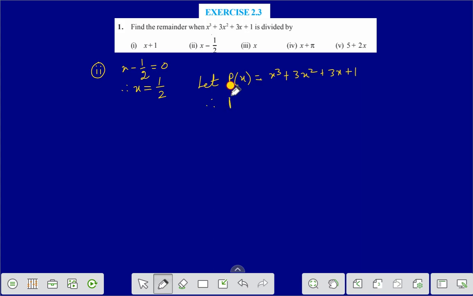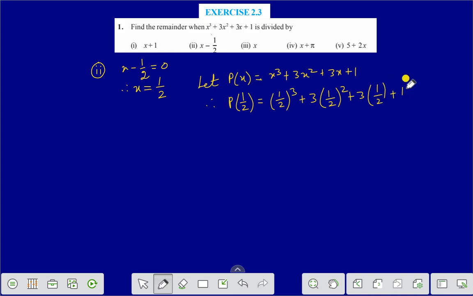Therefore p(1 by 2) is equal to 1 by 2 whole cube plus 3 into 1 by 2 whole square plus 3 into 1 by 2 plus 1.